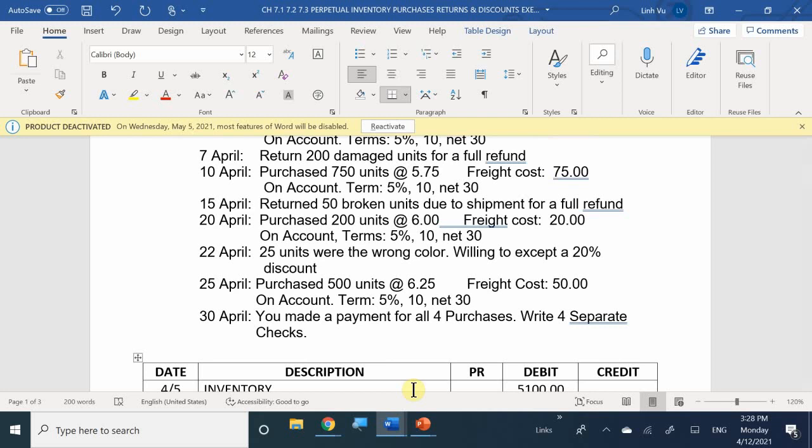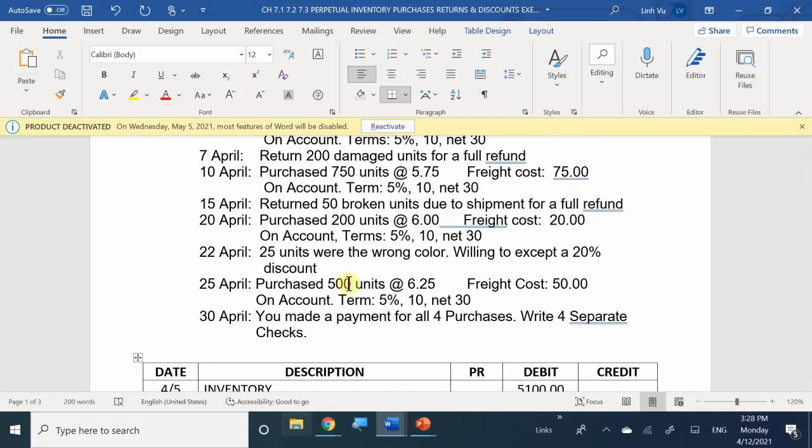Let's do the calculation again. Oh, I put 200 instead of 20. My fault. No worries. 1,220. Inventory 1,220.